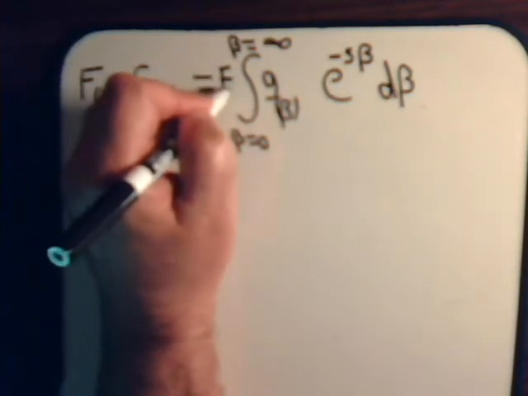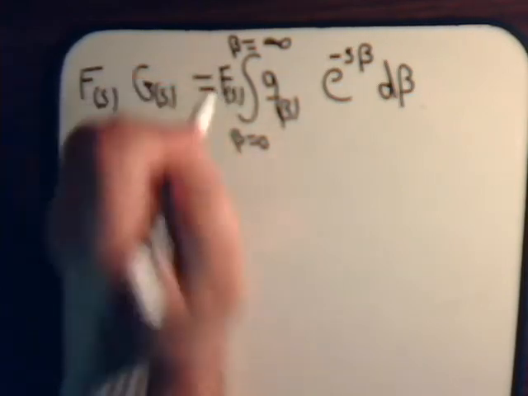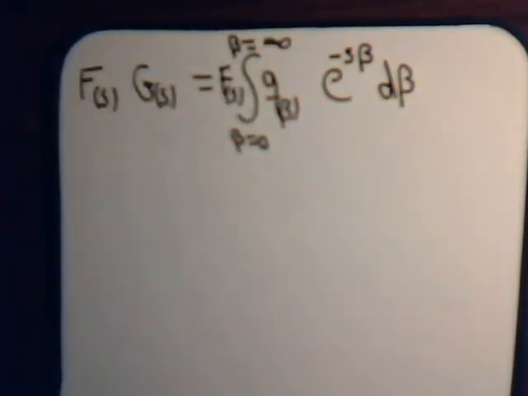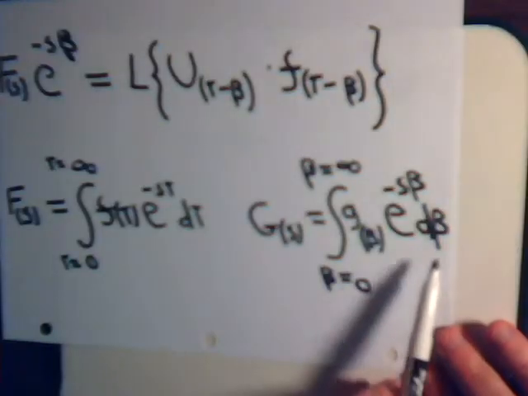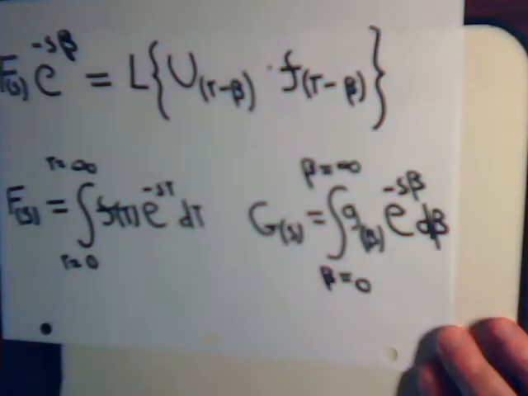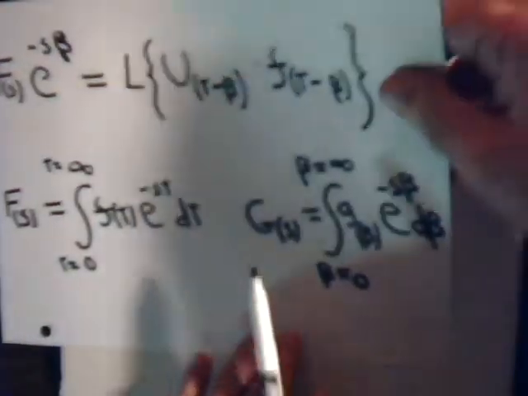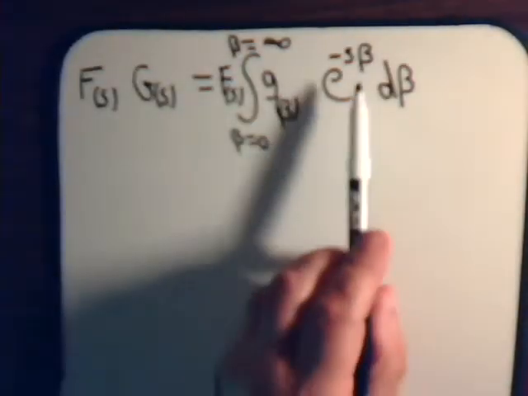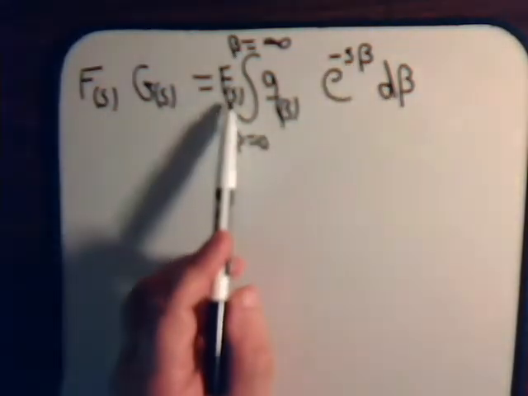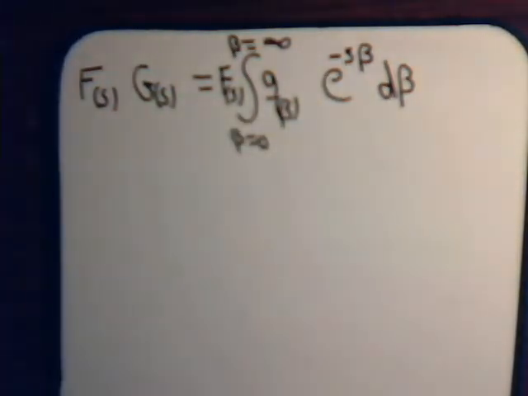Now F of s is here. There's F of s times G of s. Remember, G of s is the Laplace transform written like this. But since s is just being treated like a constant, F of s is just going to be a constant.